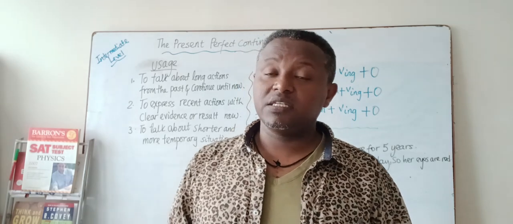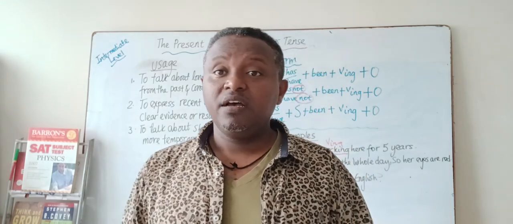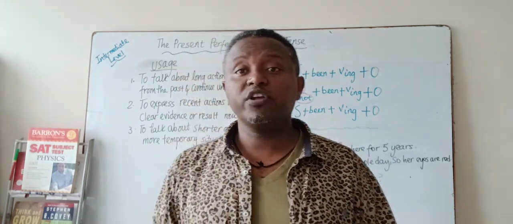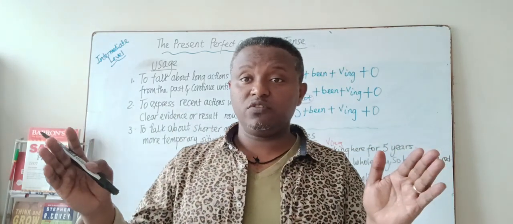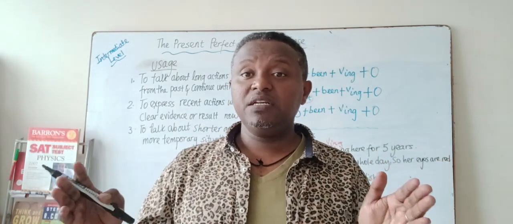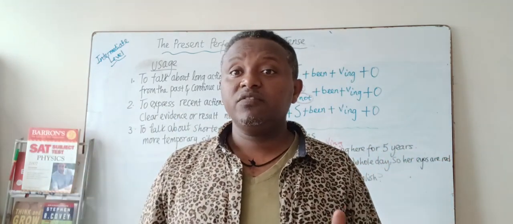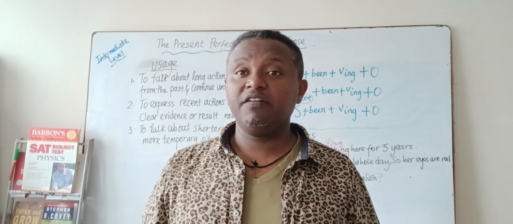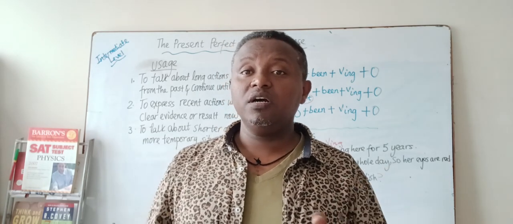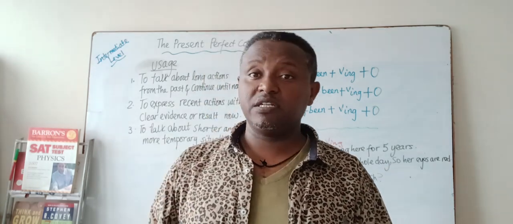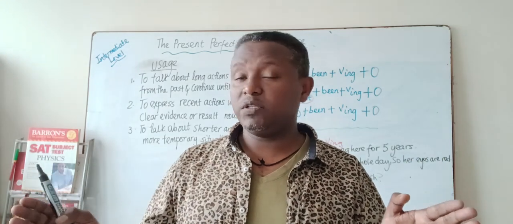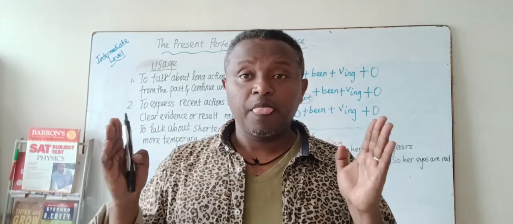For, as I mentioned in the previous video, is used to talk about the duration of time. Okay, I have been learning English for 10 years now, or I have been teaching English for nearly 20 years now. So to talk about the duration, we use for.